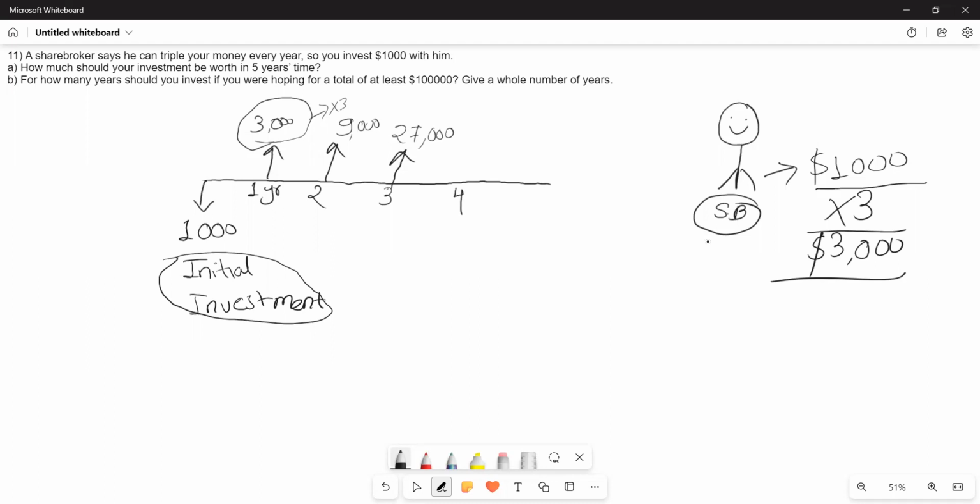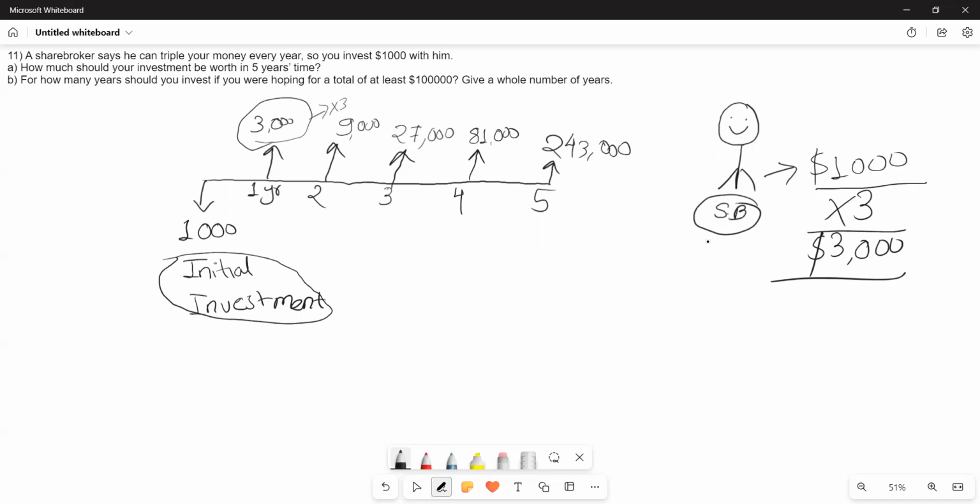Again, in 4 years, how much you are getting? 27 times 3. So it's $81,000, right? And in the final year, that is 5 years, how much you will get? 81 times 3. So it's $243,000. My God, it's a much greater amount, isn't it?